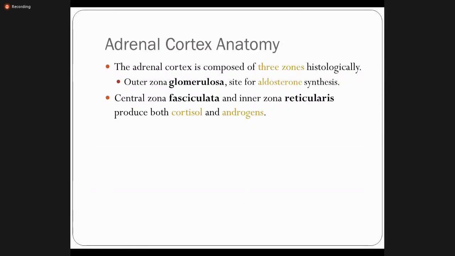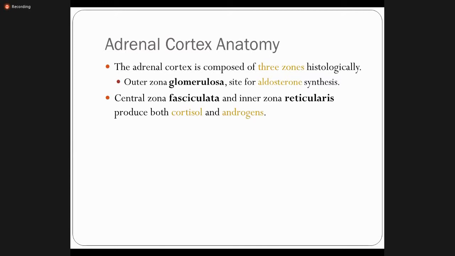So, cortex anatomy: the adrenal cortex is composed of three zones or layers histologically. The outer layer is the zona glomerulosa, the site for aldosterone synthesis.